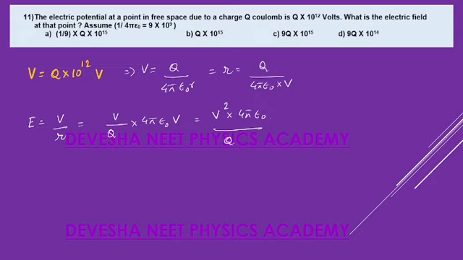It's given to us that v is equal to q into 10 to the power 12, so it is q square into 10 to the power 12 whole square, which becomes 24. Into, now what is 4 pi epsilon 0? This will be 9 into 10 to the power 9.